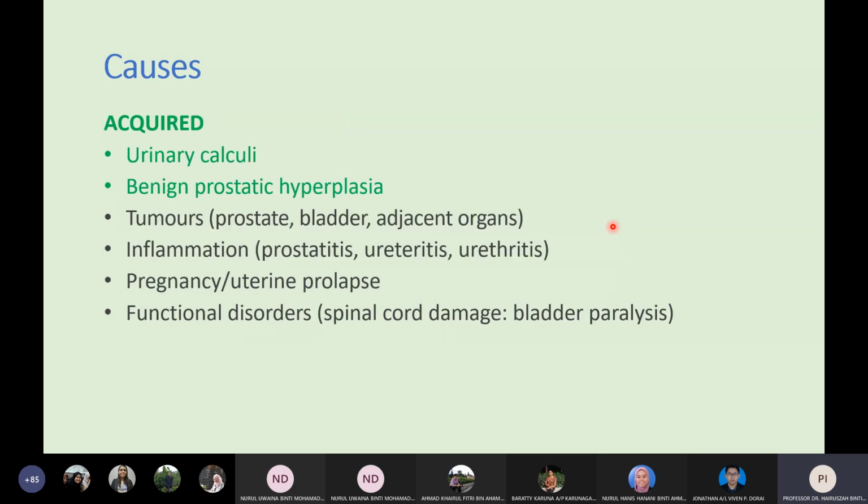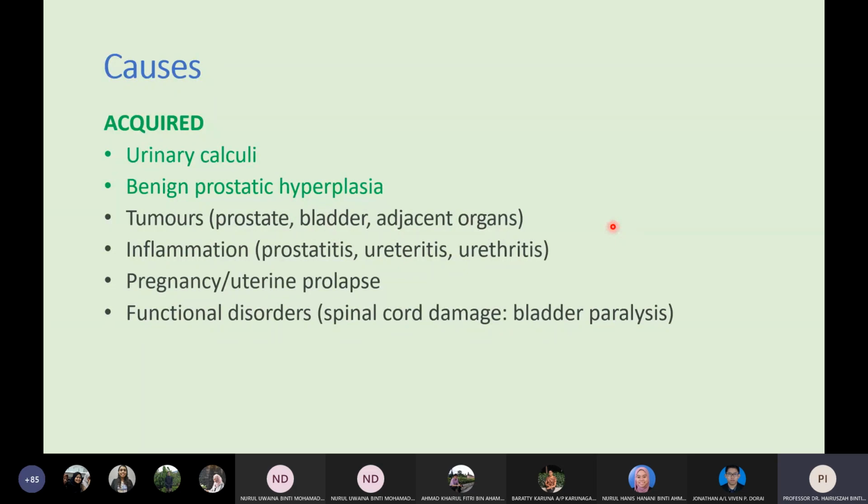The acquired ones are the more common ones seen in clinical practice, namely urinary colic. It means stone formation anywhere along the urinary tract. Also very, very common is benign prostatic hyperplasia. Right.